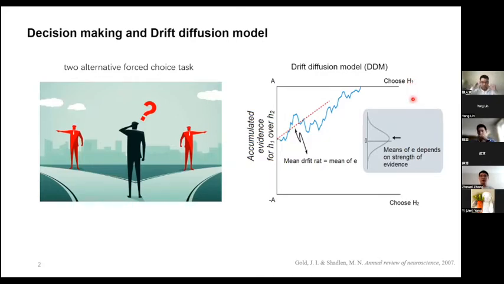H1 is chosen if the positive boundary is hit, and H2 is chosen when the negative boundary is hit. Quite amazingly, researchers found this accumulated evidence signal in the lateral intraparietal cortex, LIP.